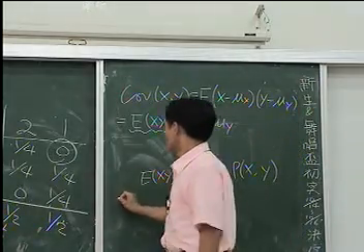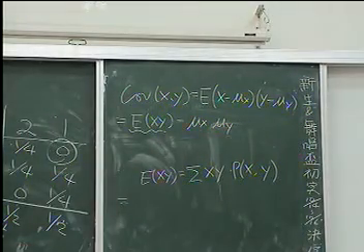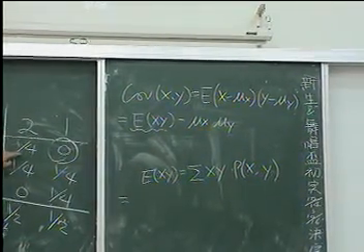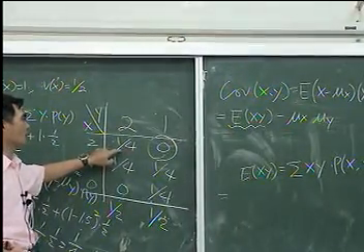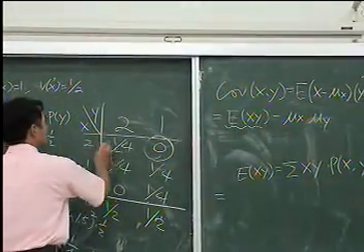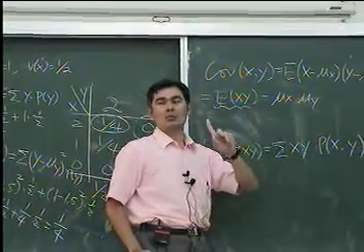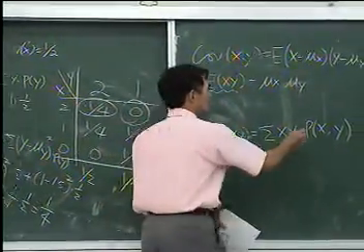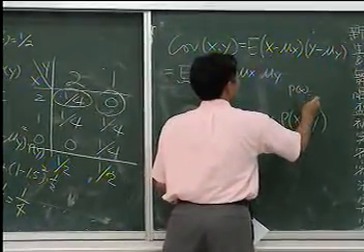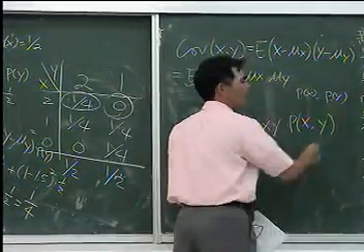So the first one is x equal to 2 and y equal to 2. But what's the probability? In the past, we only dealt with one variable, so it would be p(x) or p(y).